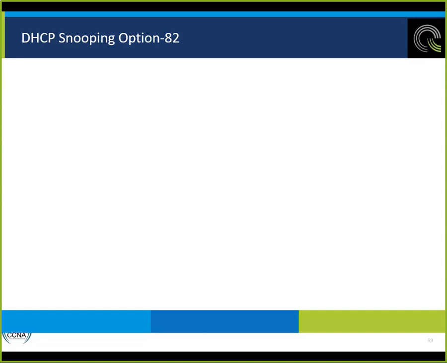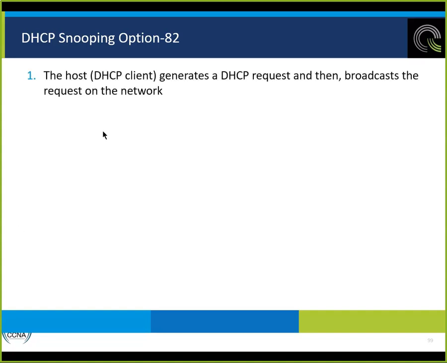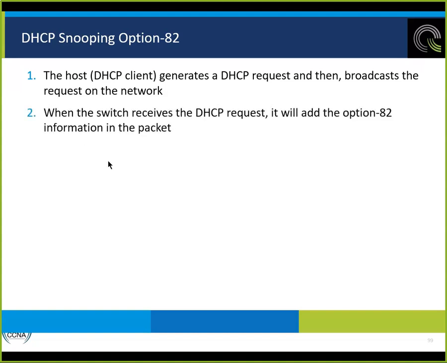Let's go back and do some other things with it. Option 82 is kind of a strange thing that we have. The DHCP client host generates a DHCP request and then broadcasts the request on the network. When we're talking about these, we're really talking about using relay agents. The switch receives the DHCP request.